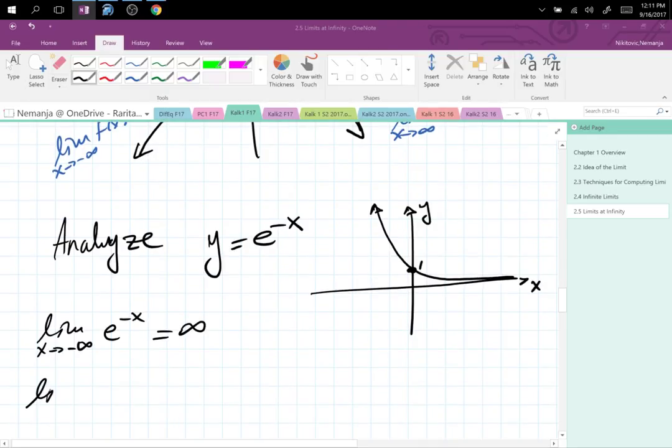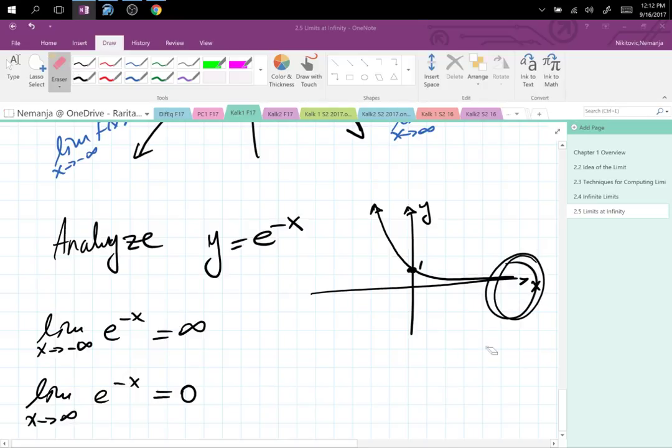Now, the limit as x goes to positive infinity of e to the negative x, we are getting 0, because now we're talking about this situation. You go all the way to the right, and that all the way to the right is positive infinity. I mean, sorry, 0. Yeah.